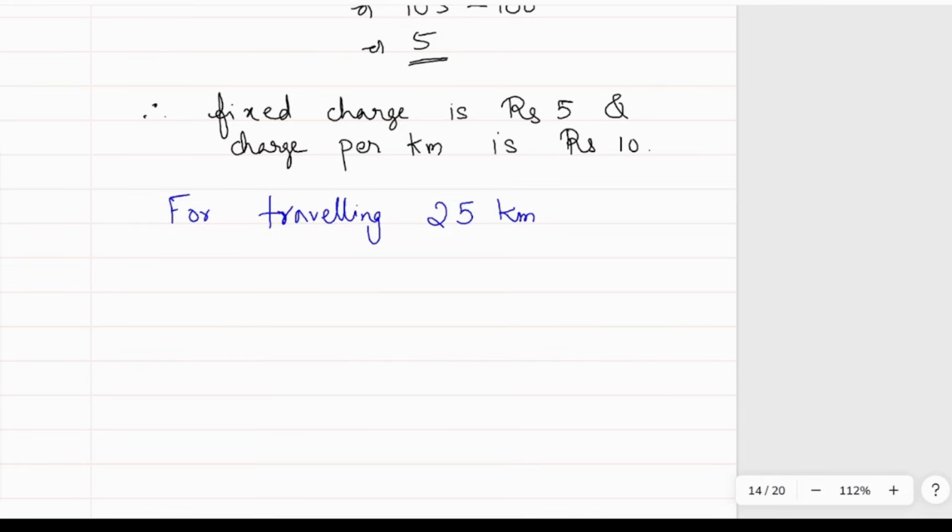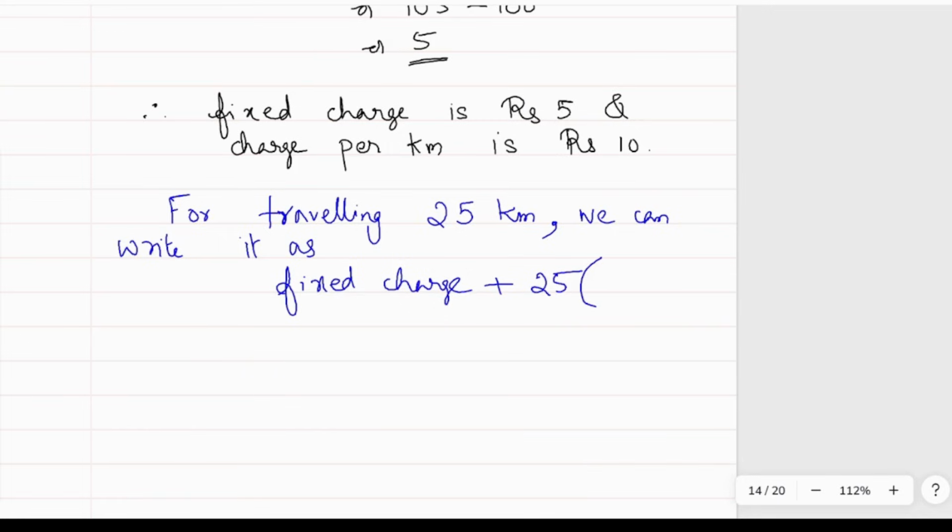Then what will be the cost of 25 kilometers? We can write it as fixed charge plus 25 into y, that means 25 into the charge per kilometer.